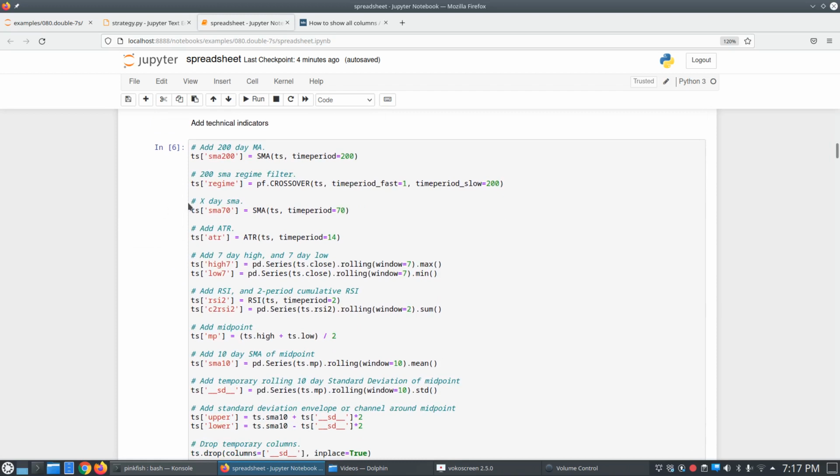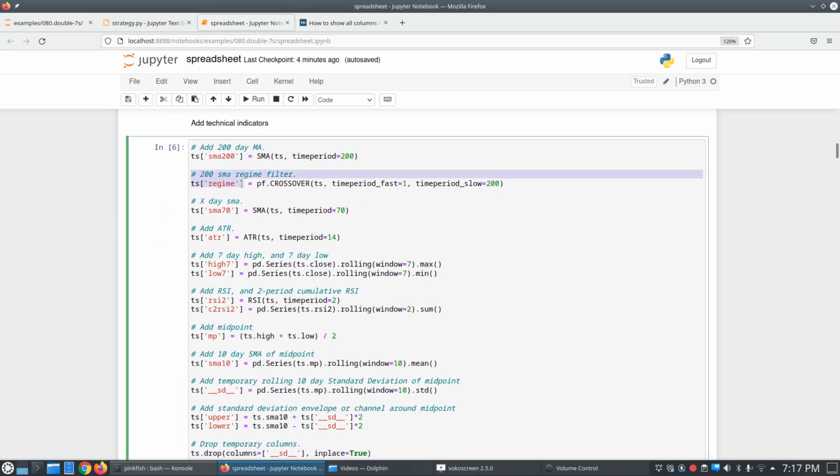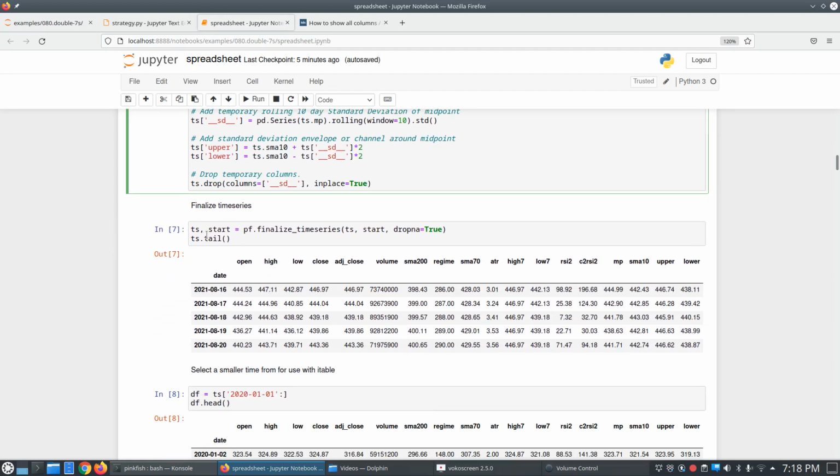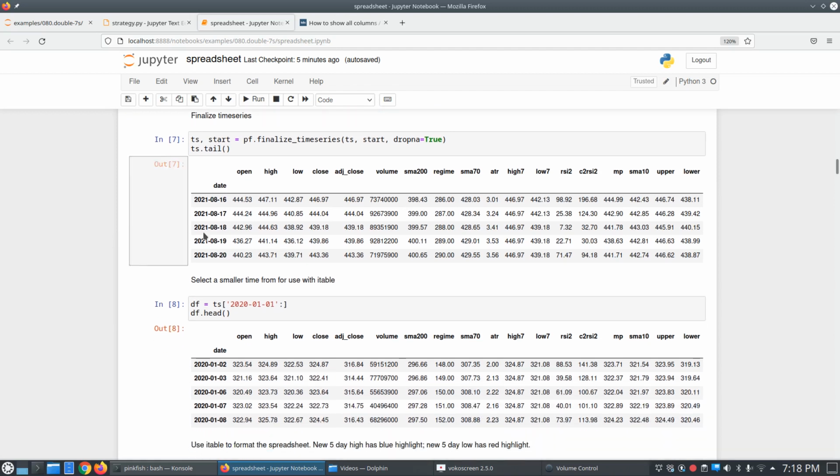The ones that we need for the double sevens algorithm is the regime filter, the special SMA that gets us into trading quicker if you want to use that enhancement, and then the 7-day high and the 7-day low. You might also use the ATR for setting stops. I don't do that, but you may want to do that. After that, we finalize the time series, and we get this data frame.